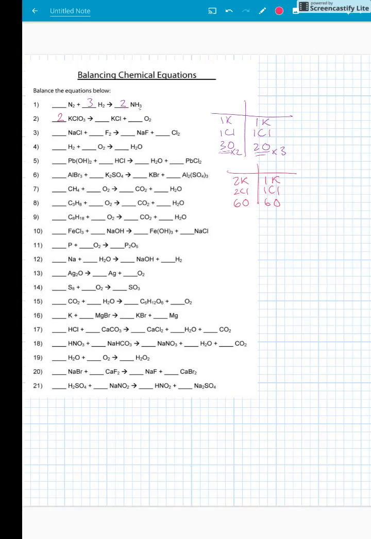Now all we have to do is multiply these 2 by 2, and we get 2K, 2 Cl, 6 O's, and on the other side we have 2K, 2 Cl, 6 O's. Check. That's all we had to do for that one, because we did 2 and this one by 3. So there we go.